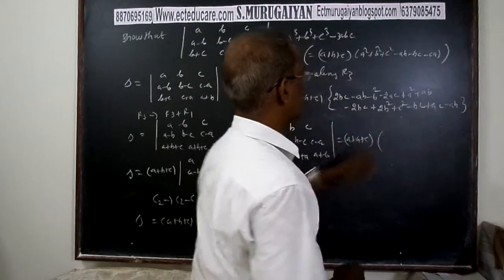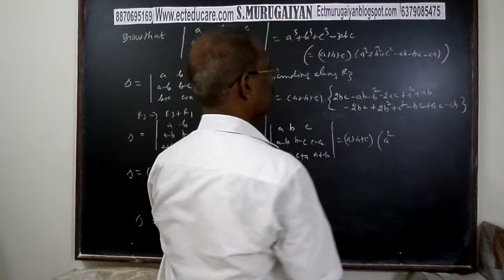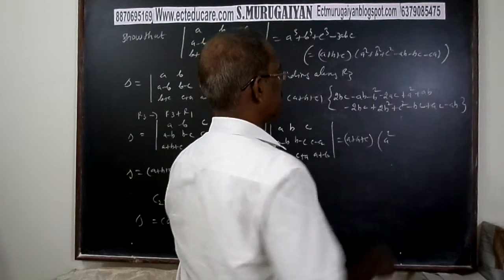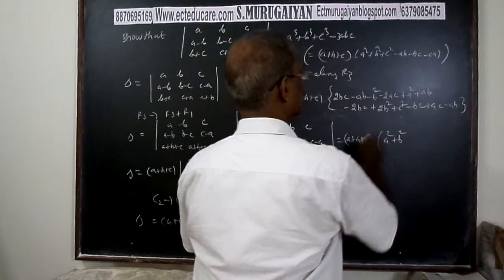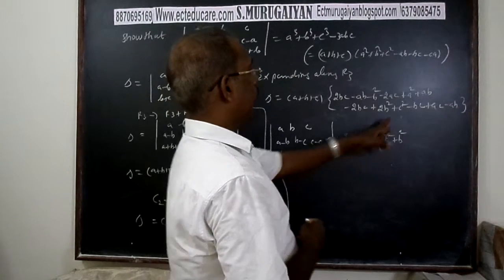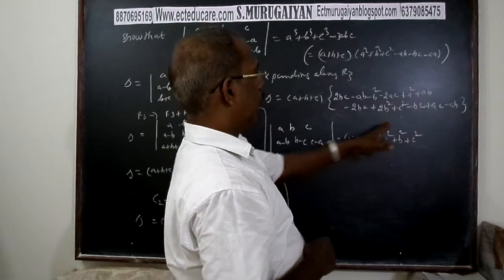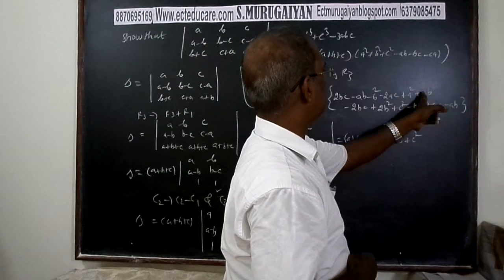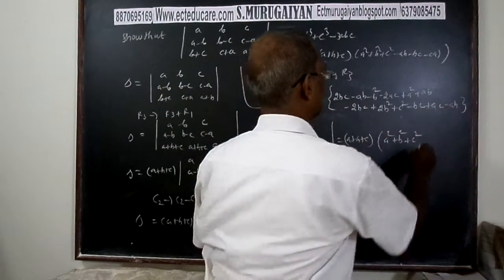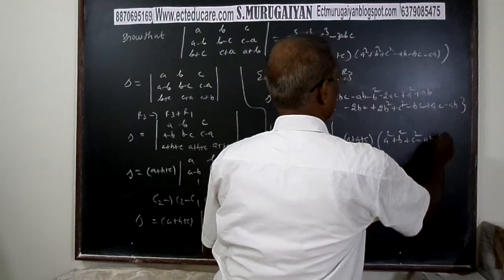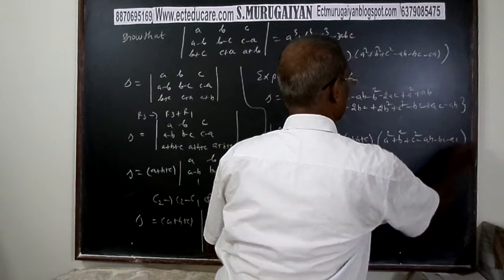There is no cancellation for a square, then 2b square minus b square, 1b square, then plus c square, and ab minus ab plus ab cancel, so minus ab minus bc minus ac.